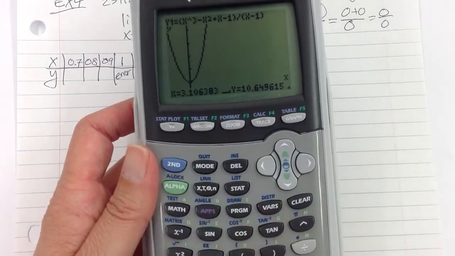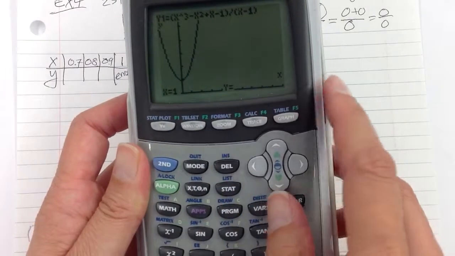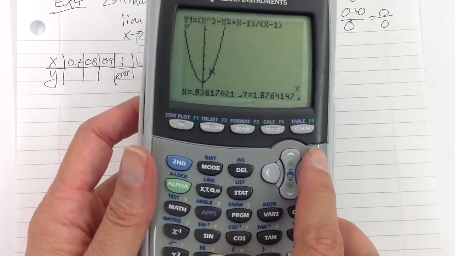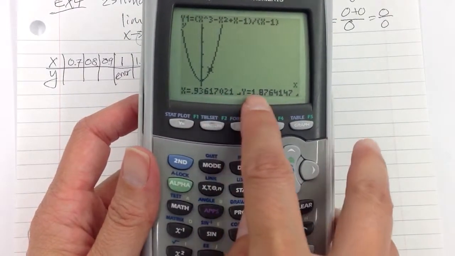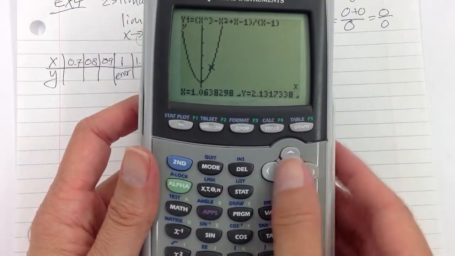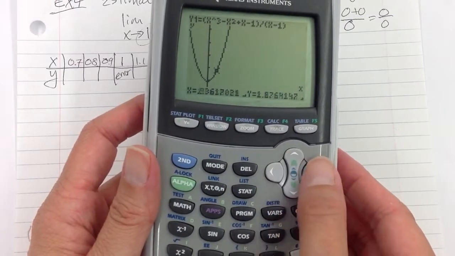So let me just type in 1. And it gives me undefined, right? So there we go. I'm getting closer to 1, and it looks like it's getting close to 2. So I go to 1, it goes right over 2. So yeah, it's approaching 2 as I get closer and closer to 1.